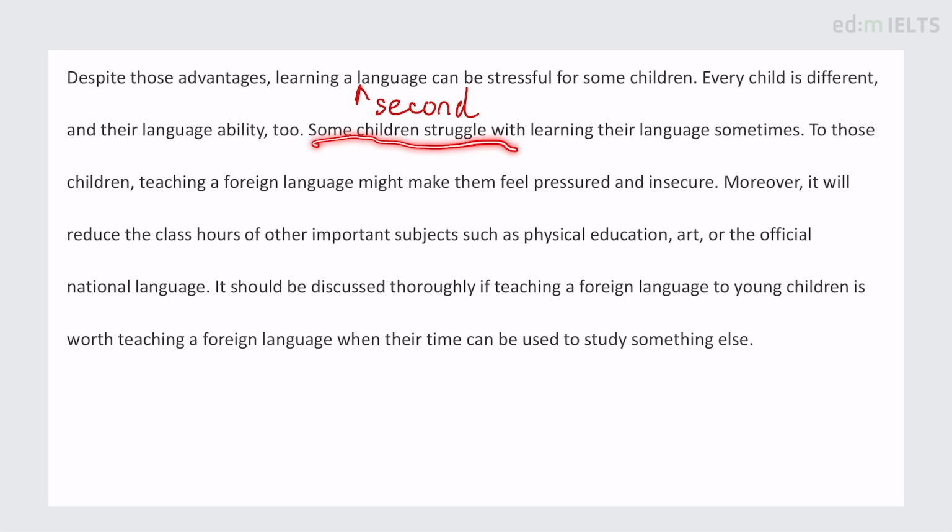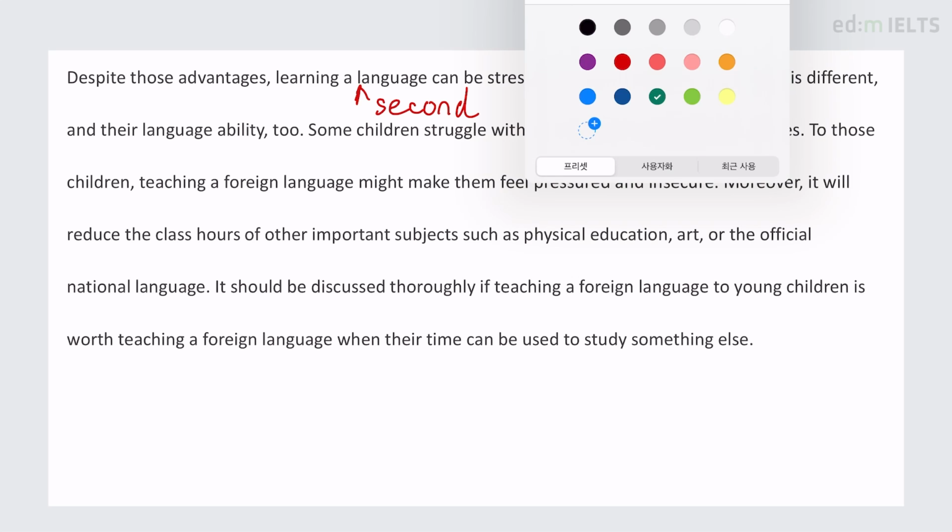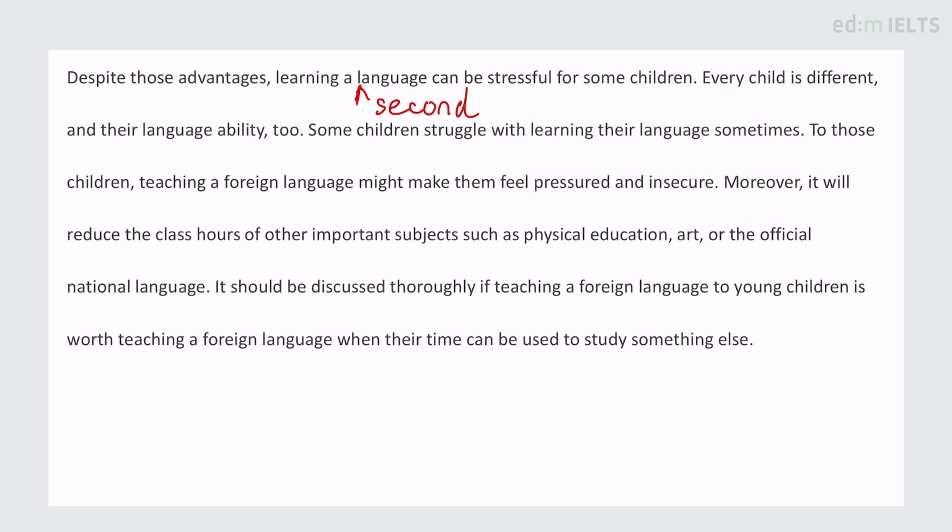Some children struggle with learning their language sometimes. Again, it's lots of short sentences. Short sentence, short sentence. Maybe I'll just put it together. Semicolon is good.